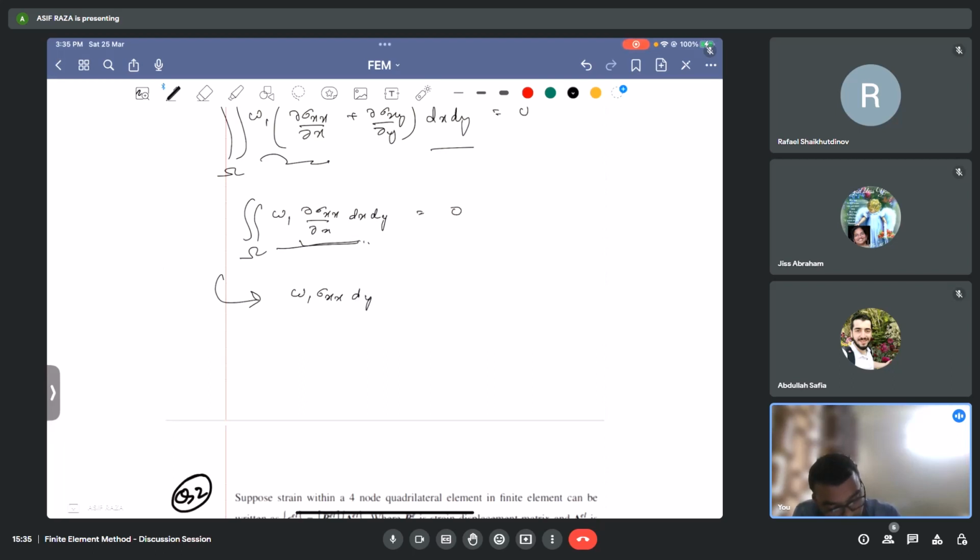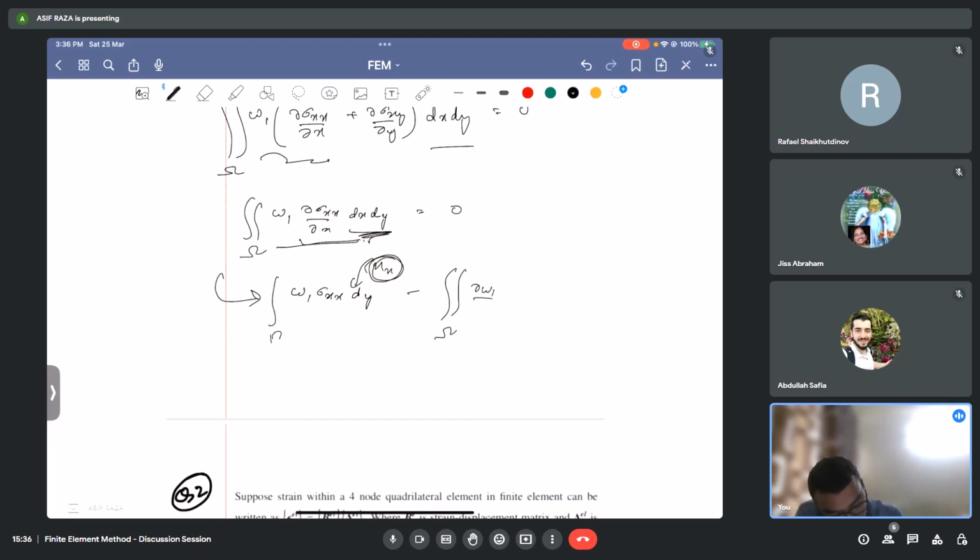We are still having dy. And I think here it should be an x. The further transference of that integral will give me del w1 by del x sigma xx dx dy. Okay, I'll dig this deep, and I'll let you know in the next session.